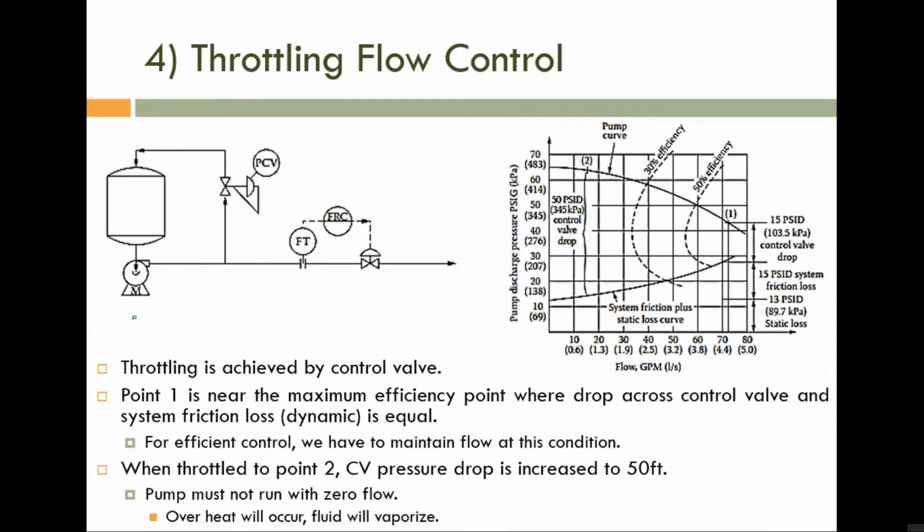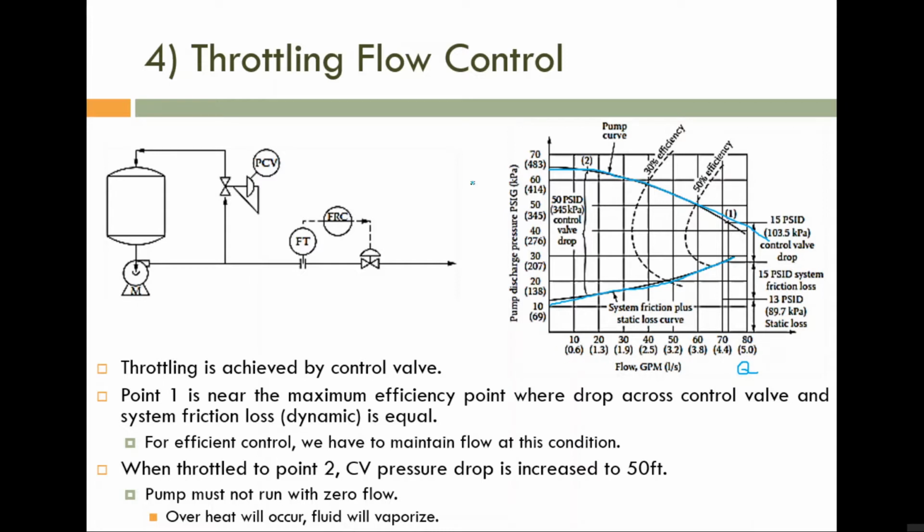Please note down this diagram, throttling flow control using a control valve, and also this diagram. Note this pump curve and this system curve. This is flow rate; there is no need to write these numbers.